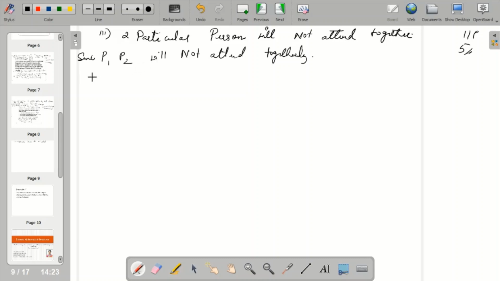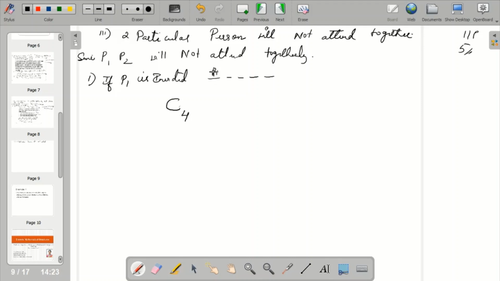So for example, there are possible three conditions. If P1 is invited, P2 is not called. If P1 is invited, out of these 5 positions P1 is occupied and 4 are left out. So here 4 I have to choose because 1 is occupied.